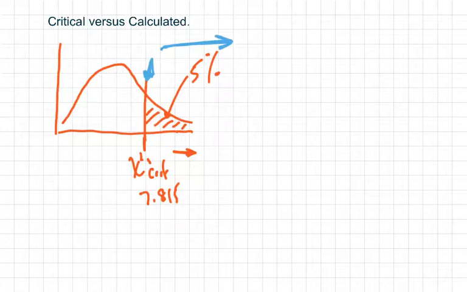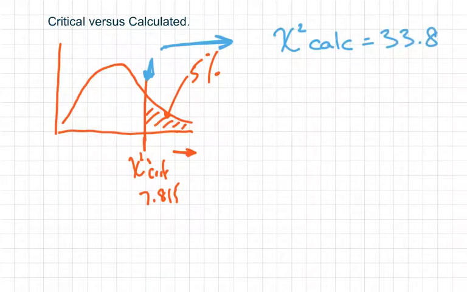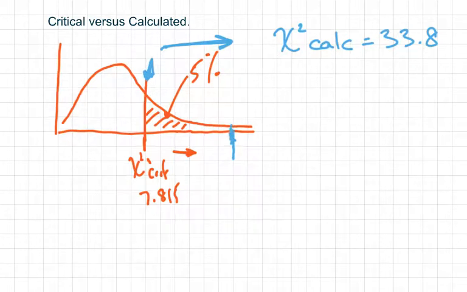Our calculated chi-squared value from the GDC was 33.8 to 3 significant figures. So 33.8 is going to be about here on our chi-squared distribution.